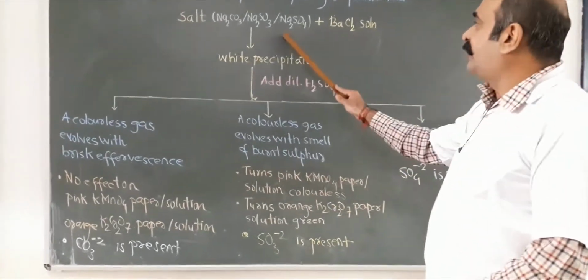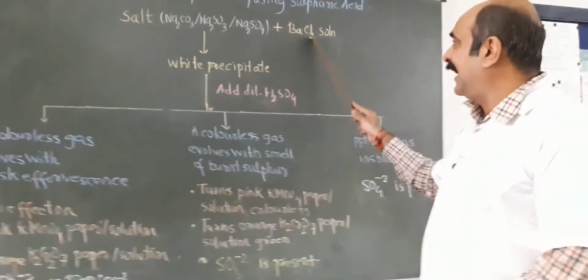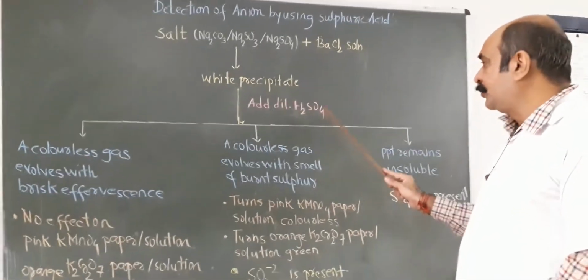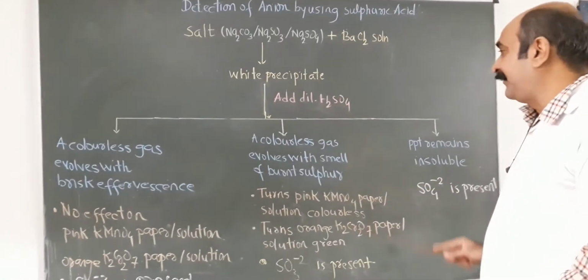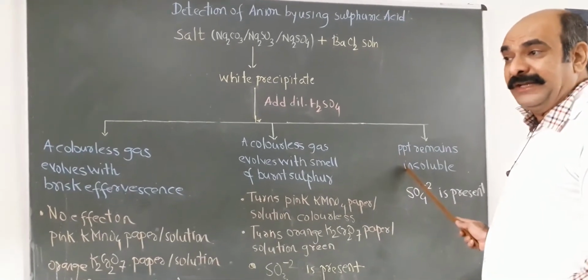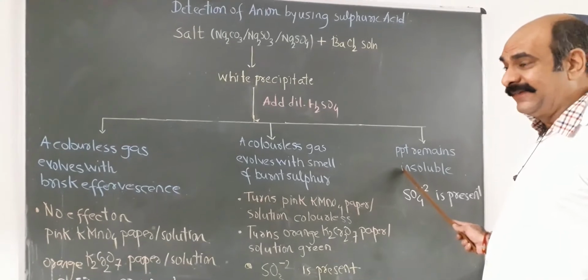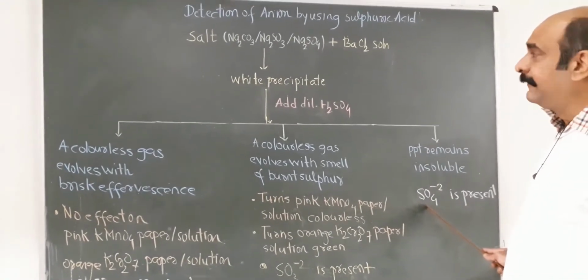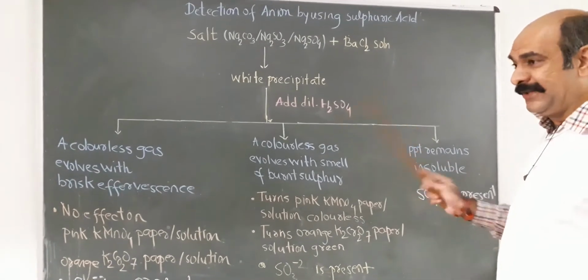Then to a sodium sulfate solution, when I add a barium chloride solution, I'll get a white precipitate. Now to that white precipitate, when I add dilute sulfuric acid, the precipitate remains insoluble. So this indicates the presence of sulfate radical in the salt.